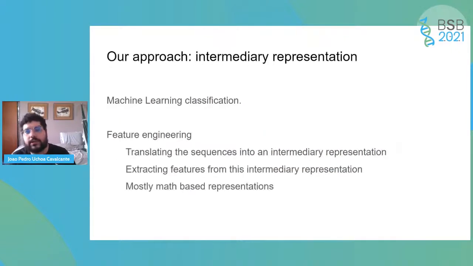Thinking about this, we came up with a new approach that's called intermediary representation, for short. It's also machine learning based, with feature engineering, but the difference is that we translate the sequences into an intermediary representation, and from this intermediary representation we extract features, information, and this kind of thing. It's mostly math-based.